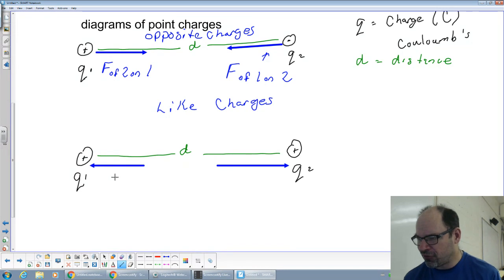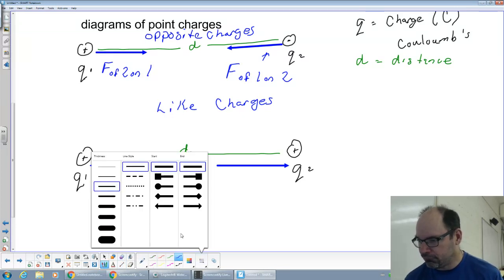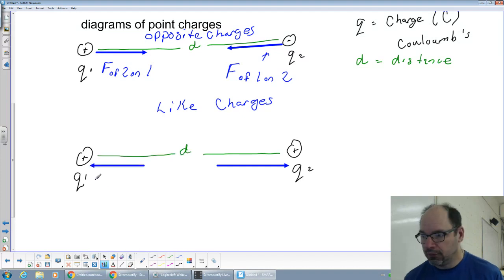So if we call this one 2, this is the force of charge 2 on 1, and this is the force of charge 1 on 2.